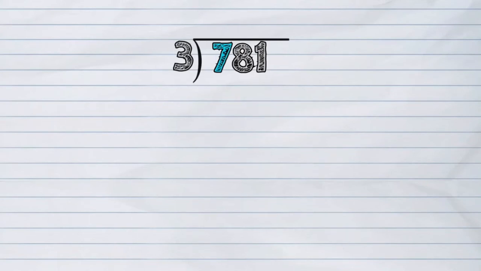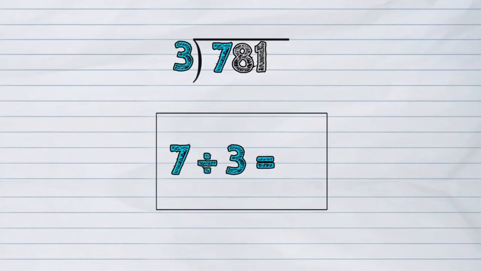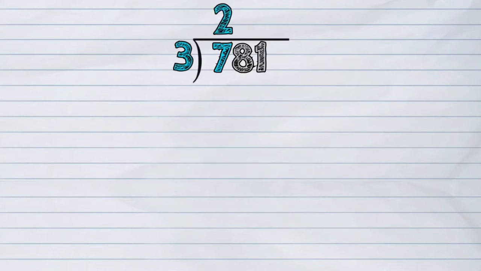This will be divided by the divisor 3. How many times can we divide 3 into 7? The answer is 2. So we should put digit 2 in the quotient line.